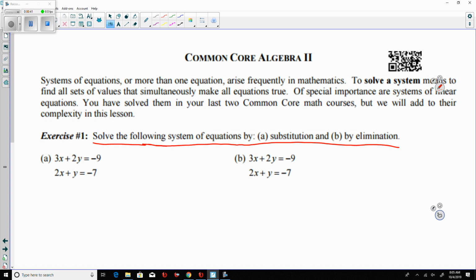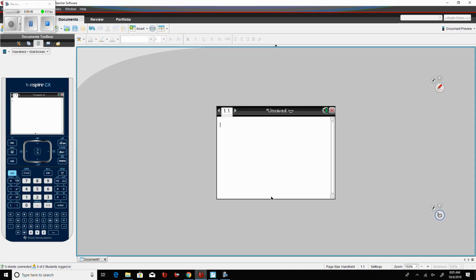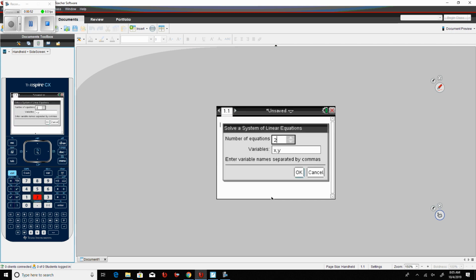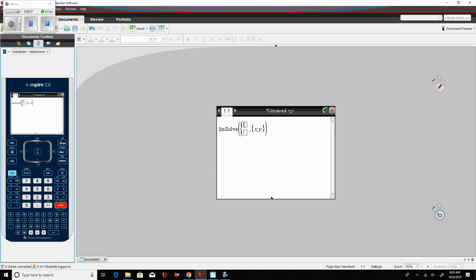Now, if it's a part 1 question they want you to solve, very simply, you go to your calculator and do menu, algebra 2. Number of equations 2, the variables are x and y, enter, and then just plug in your equation.